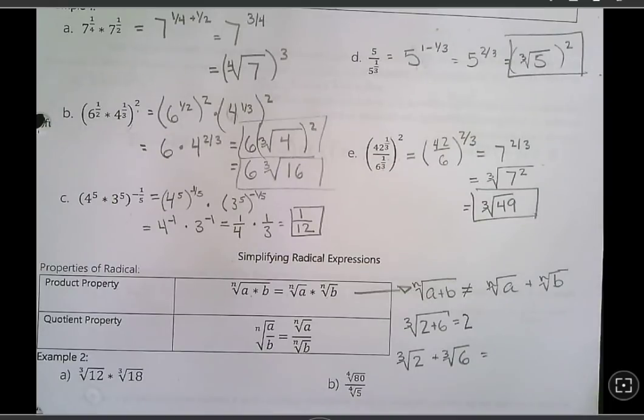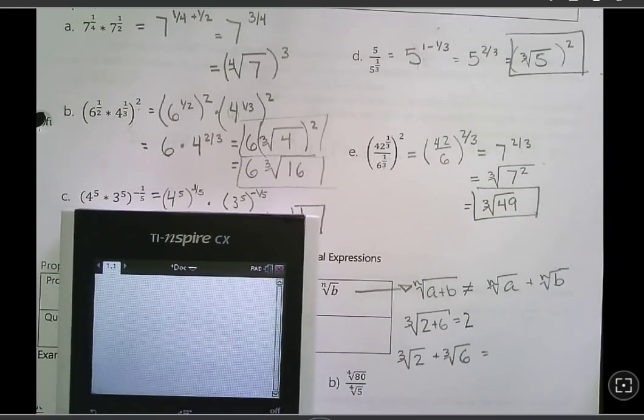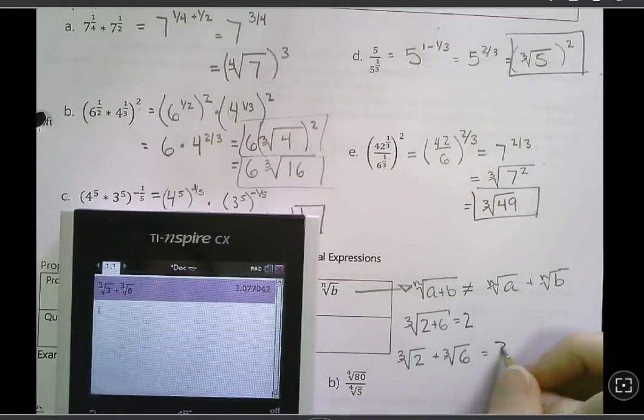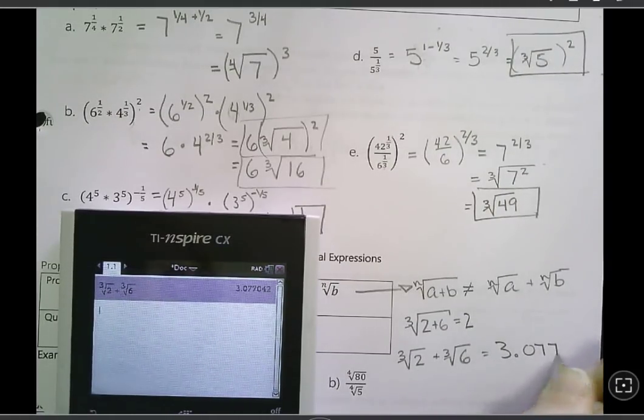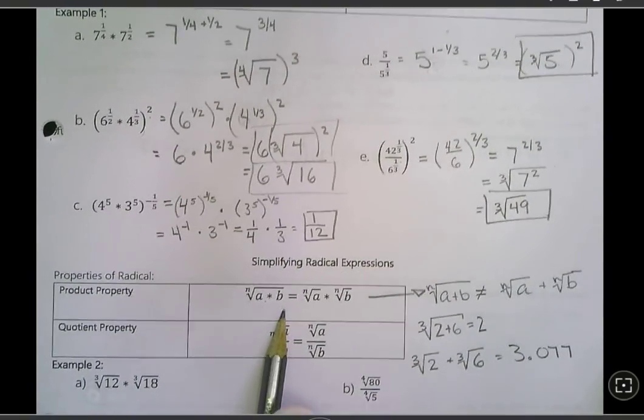So if you go on your calculators and you type in that cubic root of 2 plus that cubic root of 6, well, you're going to get around a 3.077. Not the same thing, so make sure you're only applying this to things that are being multiplied here.